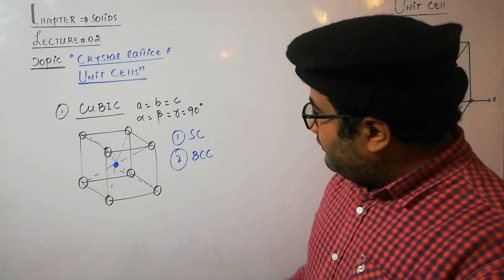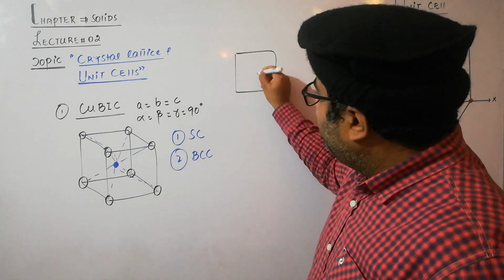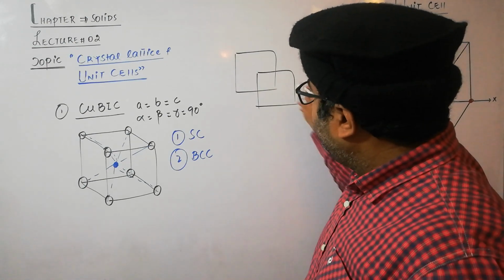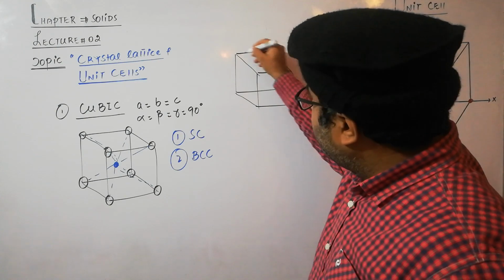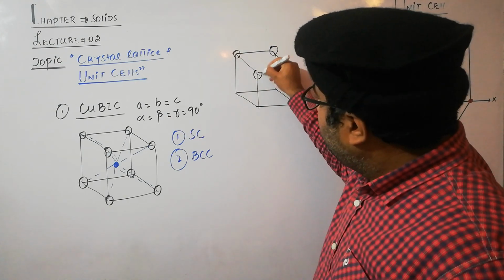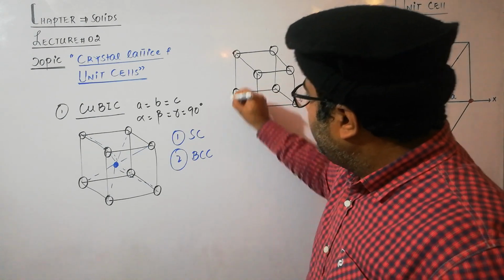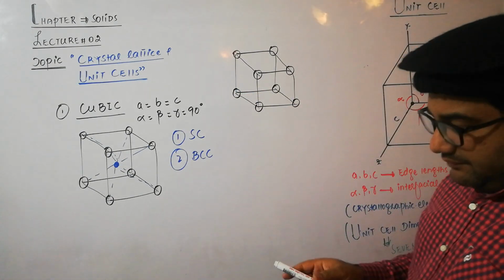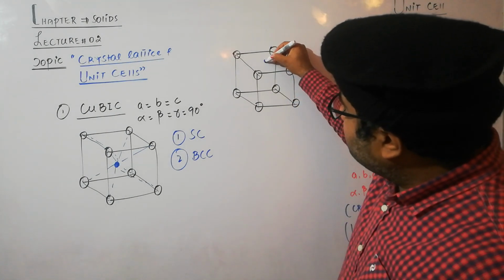Now let us talk about the third type. The third type of cube is that cube in which constituent particles are present at the corners, and also there are two constituent particles present at the center of the opposite faces.